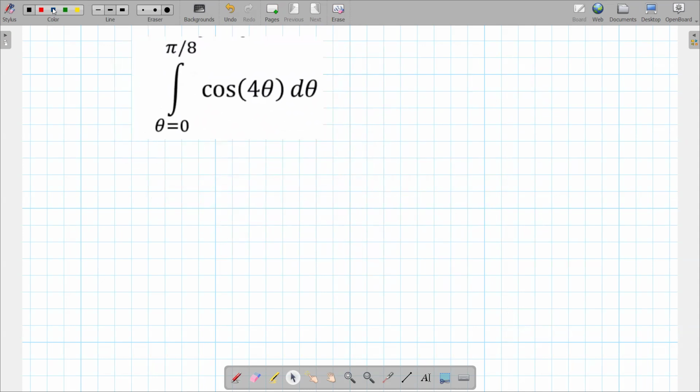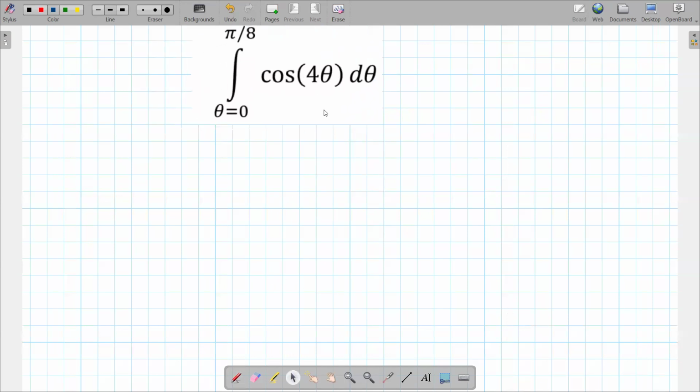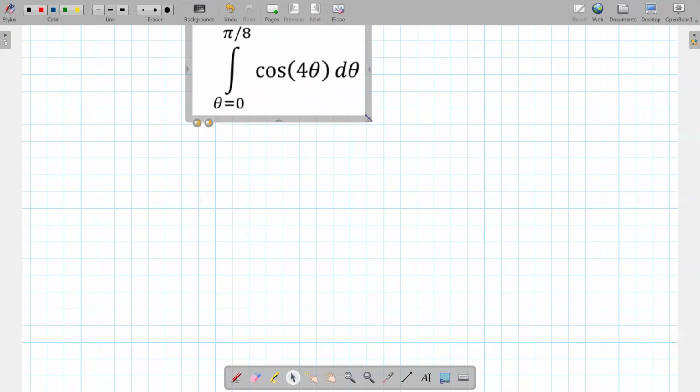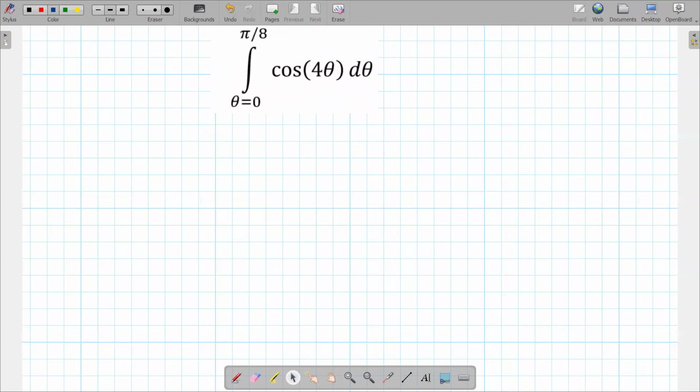Again, here we don't have to do it, but I'm going to show you both ways just so you can start seeing it that way. Because the inside function is linear, just like last time, you can just think about it in terms of, what do I multiply it by or divide it by to get rid of the chain rule component?